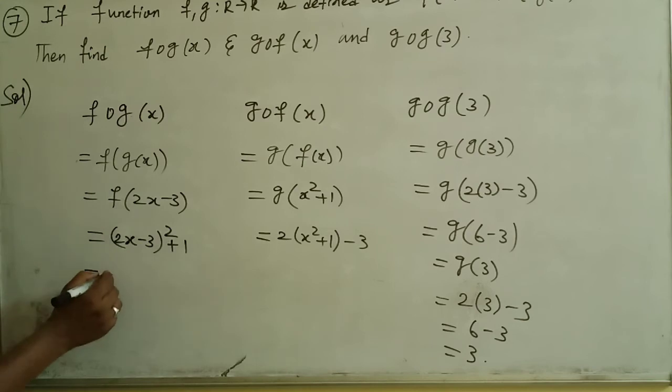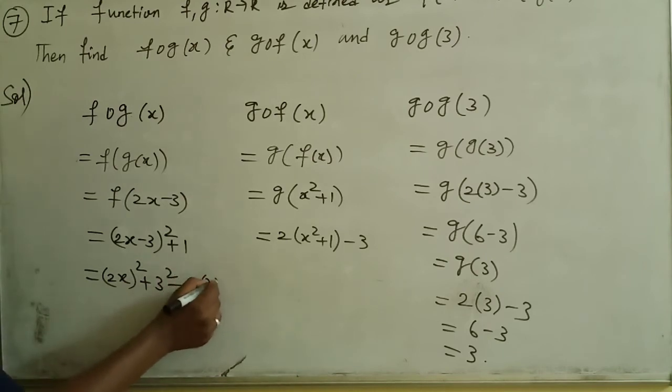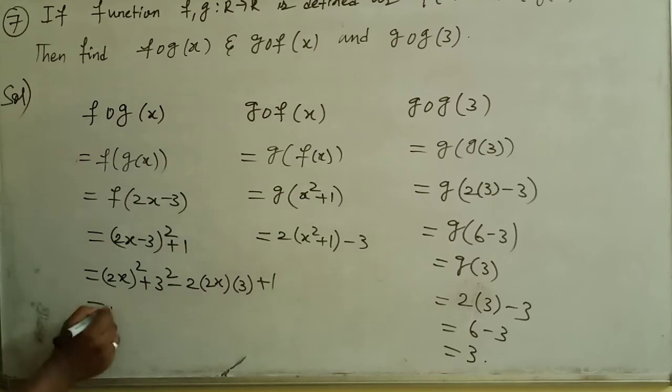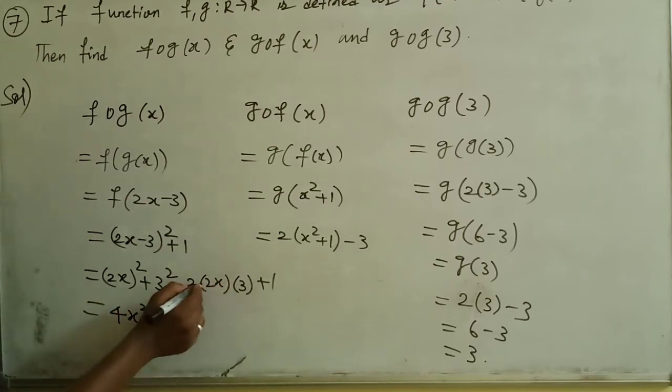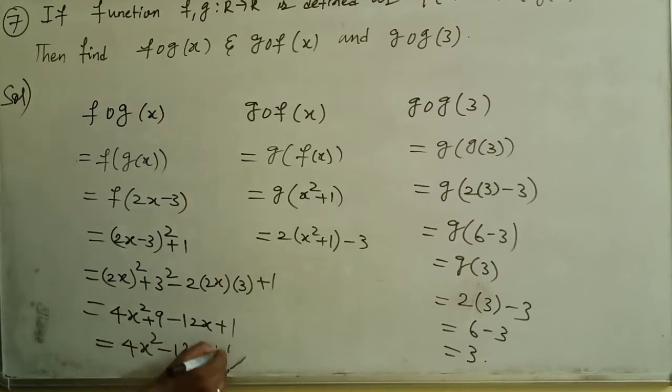(a minus b) whole square: a square means (2x) whole square, plus b square means 3 square, minus 2ab, where a is 2x, b is 3, plus 1. So that is 4x square plus 9 minus 12x plus 1, that is 4x square minus 12x plus 10.